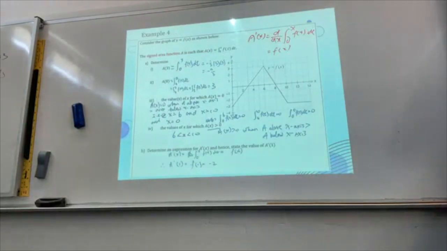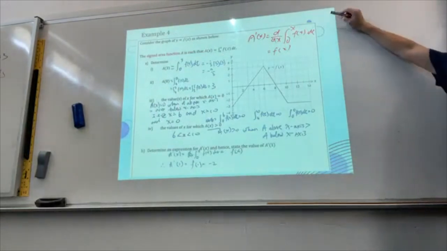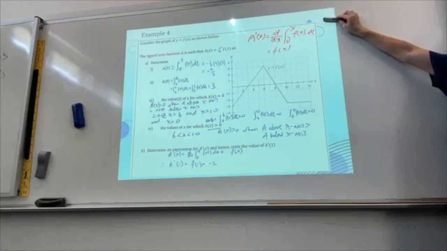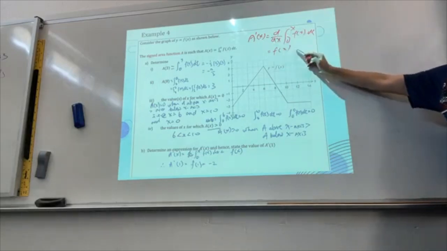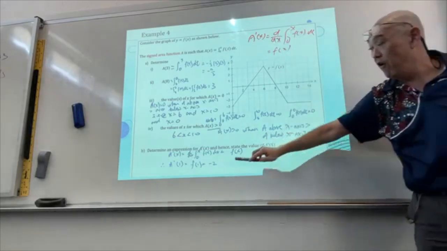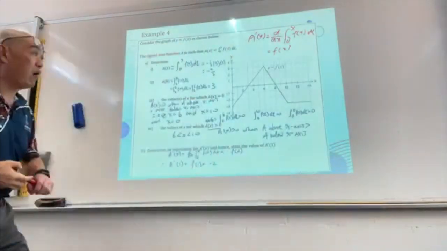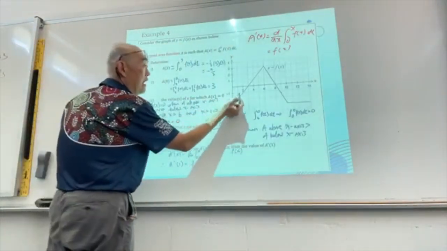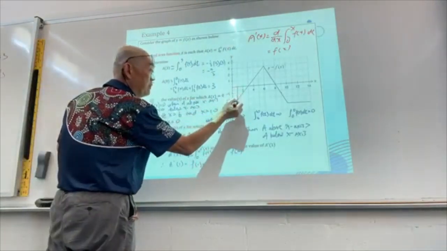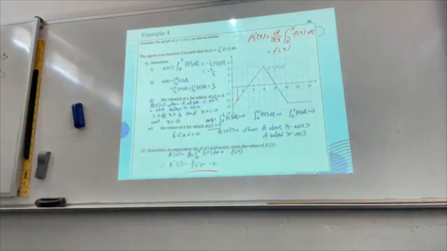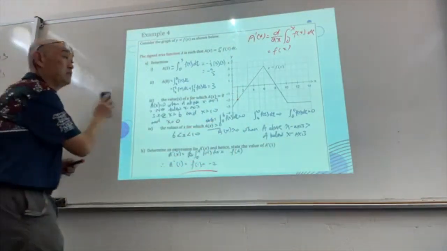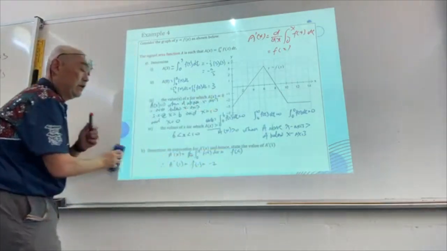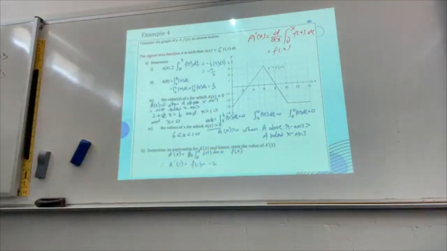Using the fundamental theorem of calculus, part 1, d/dx of that becomes f(x). So therefore, A'(1) is f(1). What is f(1)? Look at the graph. f(1) is minus 2. So that's it. You can refer to the graph in this case.